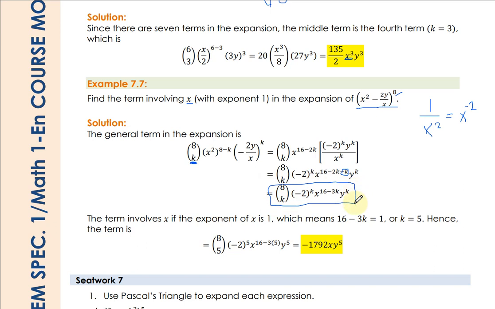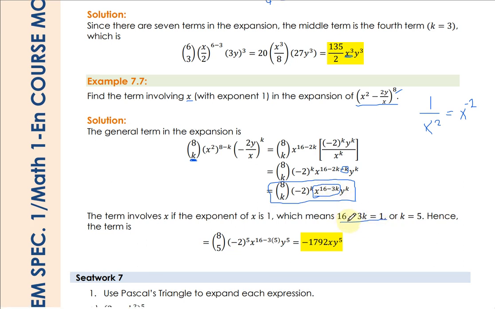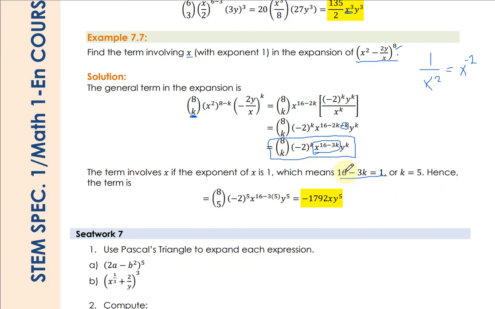Okay? So the term involves x if the exponent of x is equal to 1, which means dapat ang ipangita nato kani daw siya kay equal ni siya ni 1, meaning our 16 minus 3k should be equal to 1. So that's why we have this equation nga 16 minus 3k is equal to 1.